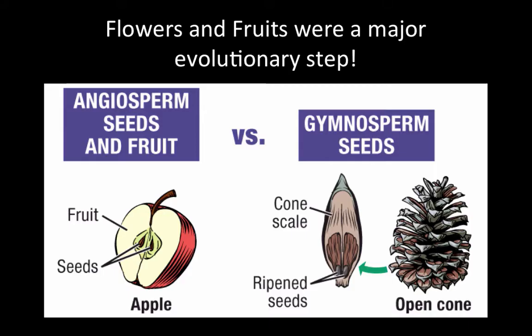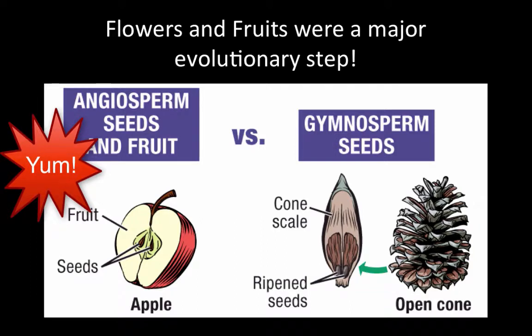So another interesting thing about flowering plants: if we compare angiosperms, or flowering plants, to gymnosperms, the cone-bearing plants, we can see here that for the first time in the evolutionary scheme, fruits are formed.